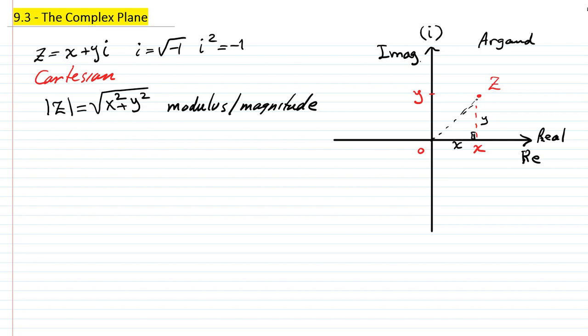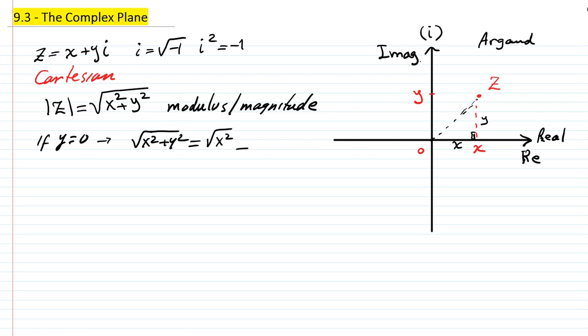All right. Now, the absolute value. Why is it called absolute value? Well, I'm going to say if y is equal to 0, in other words, if the imaginary part of the complex number is 0, then the square root of x squared plus y squared reduces to simply the square root of x squared, right?